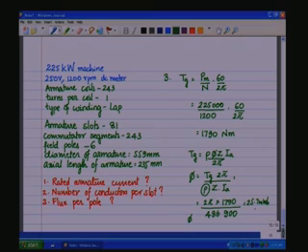So, this is flux per pole. This is the flux, and the flux per pole would be divided by 3 pole pairs for P, which is approximately 8 milliwebers.